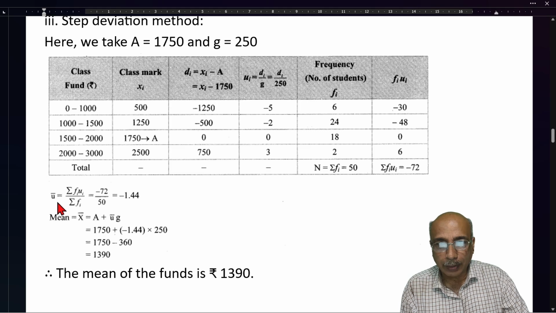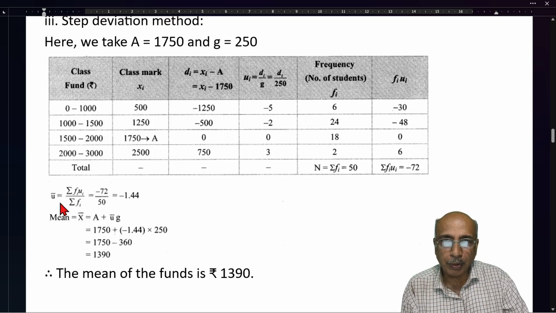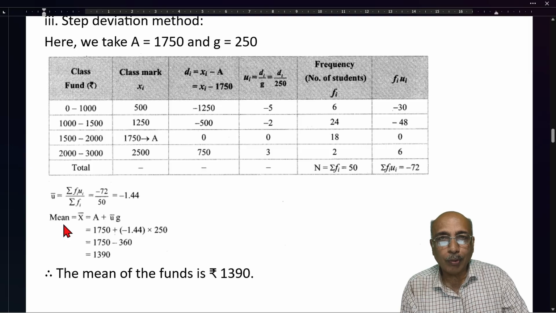Therefore, u bar, earlier it was d bar for the assumed mean method, here for the step deviation method it is u bar equals sum of fi ui upon sum of fi equals minus 72 upon 50 equals minus 1.44. Now mean equals assumed mean plus u bar, what we have calculated, we have divided by g, that was 250.